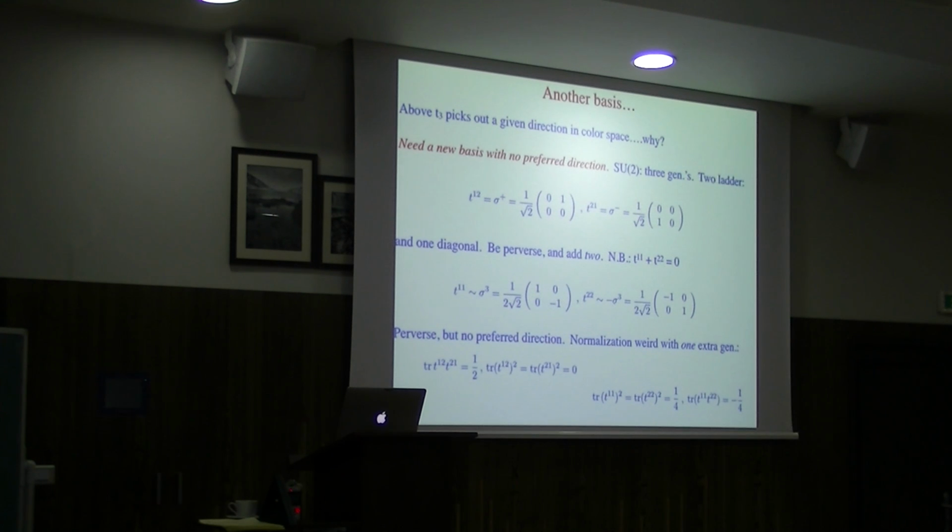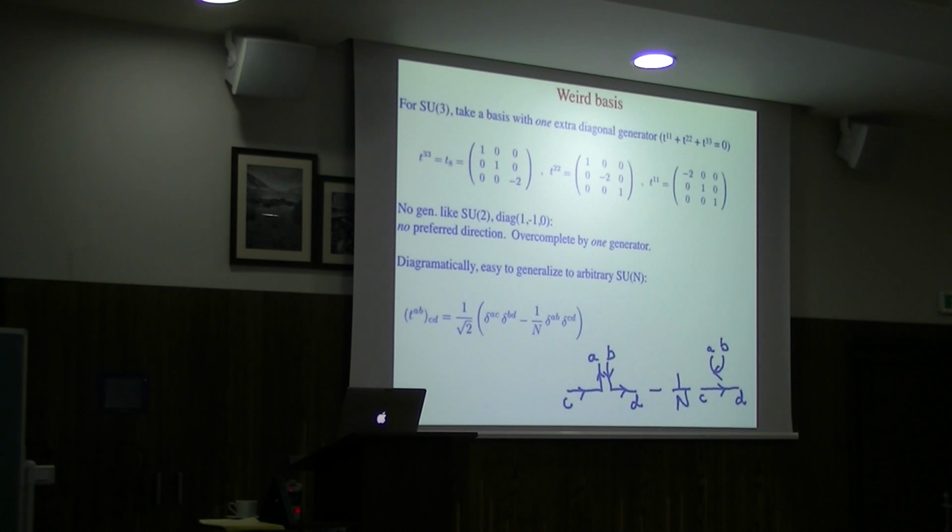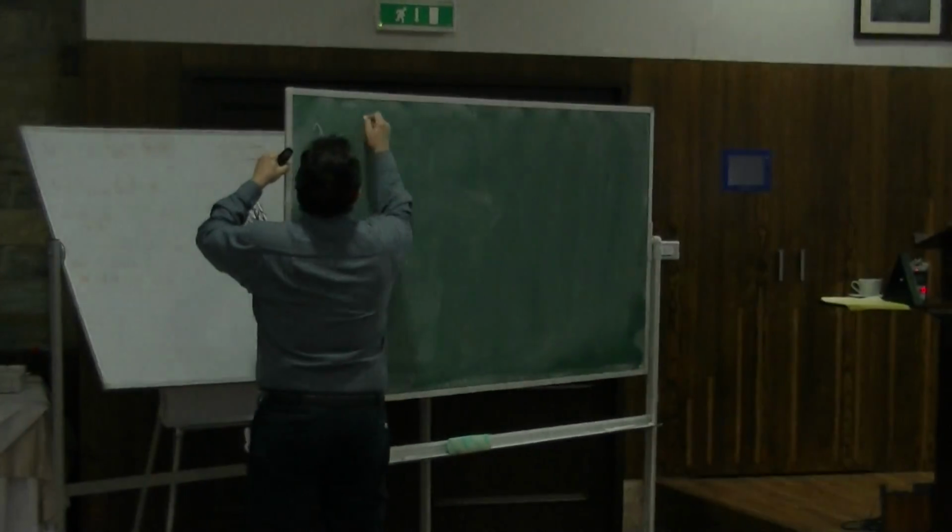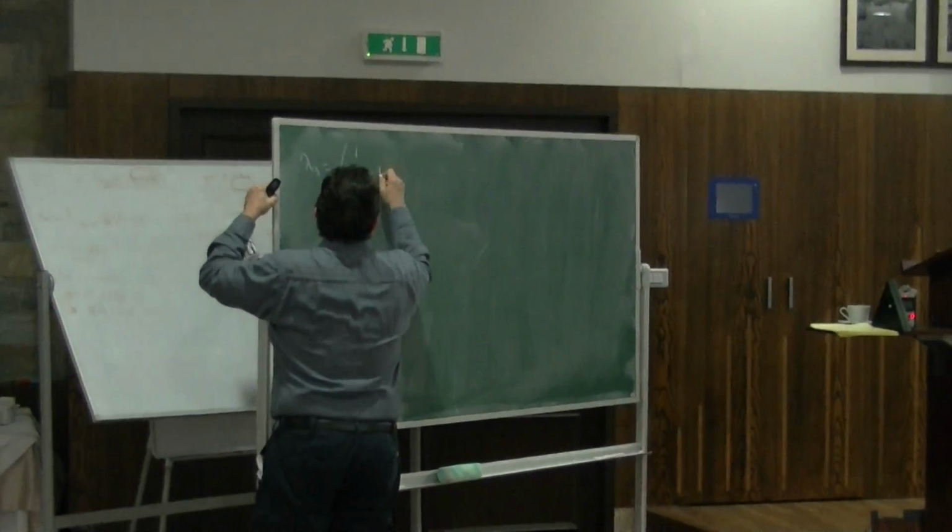What I'd like to do is show you that this gives you a way of generalizing the generators for SU(N) very easily, and in fact it works for all groups. So for SU3, as I discussed, and also by Professor Reinhardt, the usual basis is one where the diagonal generators are this.